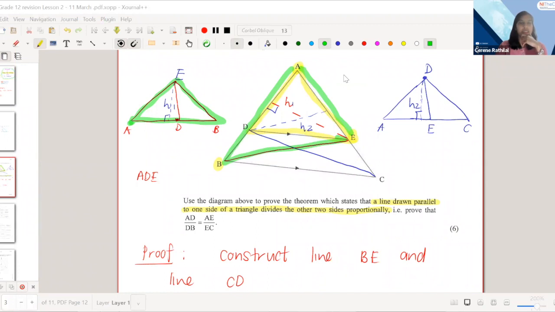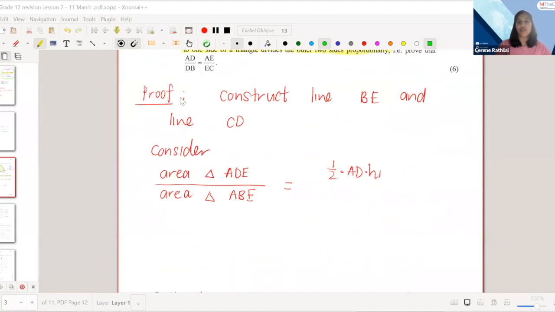Is that the case? So what is the base? The base of this triangle is AB. Do you agree? Great. So I'm seeing quite a few responses. So the area of triangle AEB is nothing but half base times height, which is half AB times H1. So let's put that in.